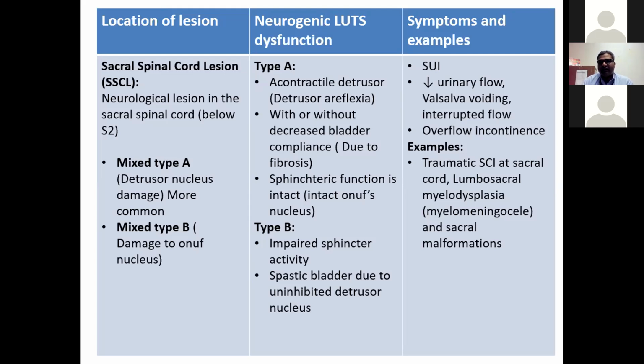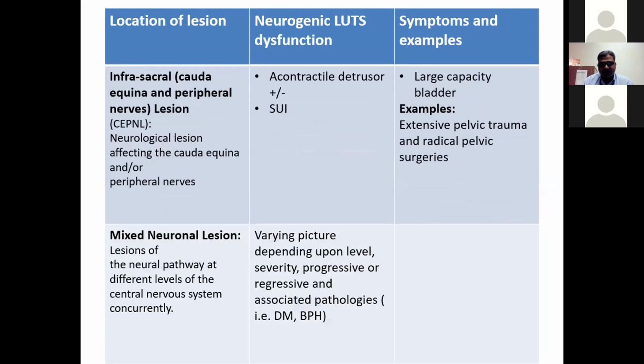Patients will exhibit signs and symptoms of stress urinary incontinence with poor flow, Valsalva voiding with interrupted flow, and in cases of type A, there will be overflow incontinence. Conditions that lead to sacral spinal cord lesions include traumatic spinal cord lesions at the level of the sacral cord, lumbosacral myelodysplasias, and sacral malformations. The infrasacral lesions include neurological lesions that affect the cauda equina or peripheral nerves.